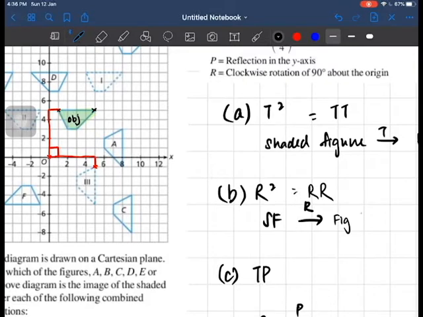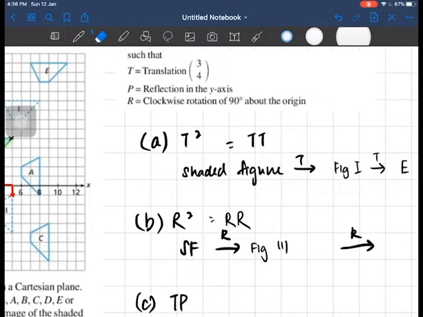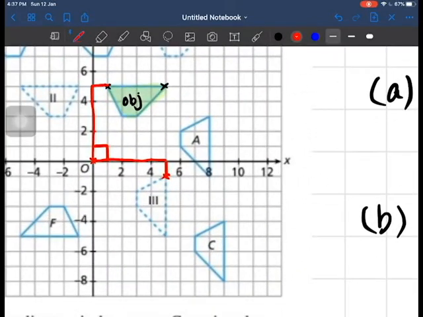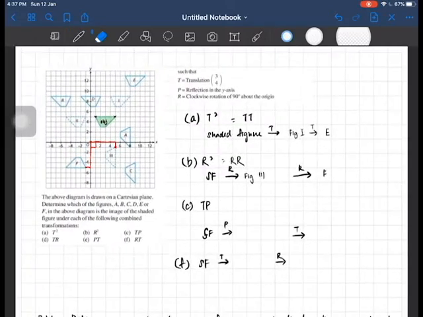But it will undergo another rotation. So we do the same thing again, but only from figure 3. So 1, 2, 3, 4, 5, and 1, and therefore F is obtained. So under RR transformation, my image is F.